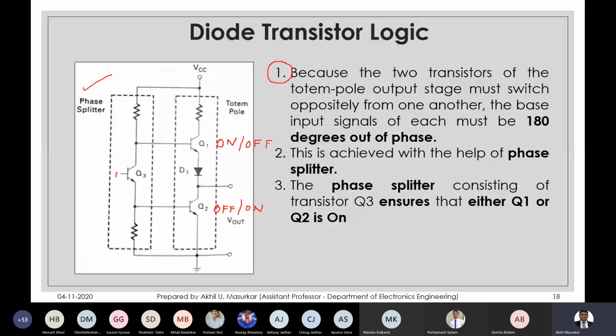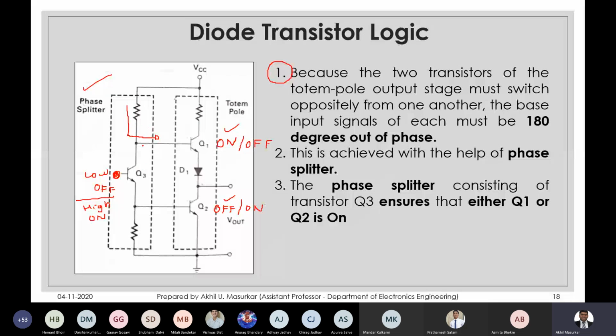For example, if here we have 0 or low base voltage, then Q3 will be off. If Q3 is off, then all the current will flow into Q1. So Q1 turns on and Q2 turns off. If I give here high voltage, this will turn on Q3.